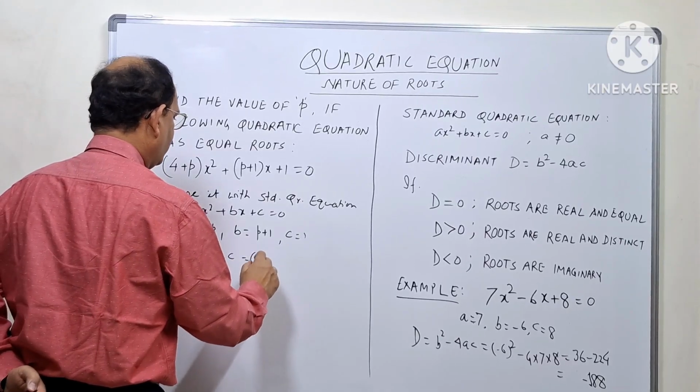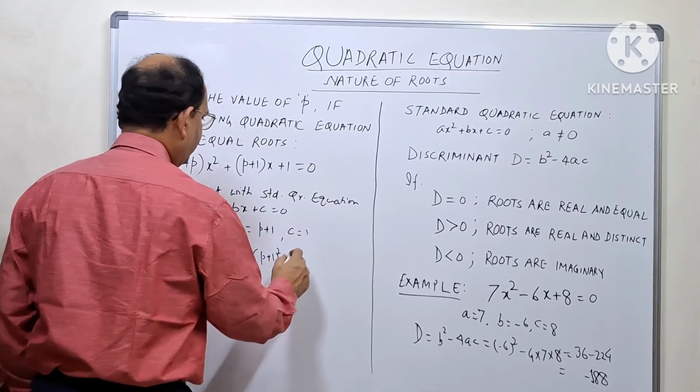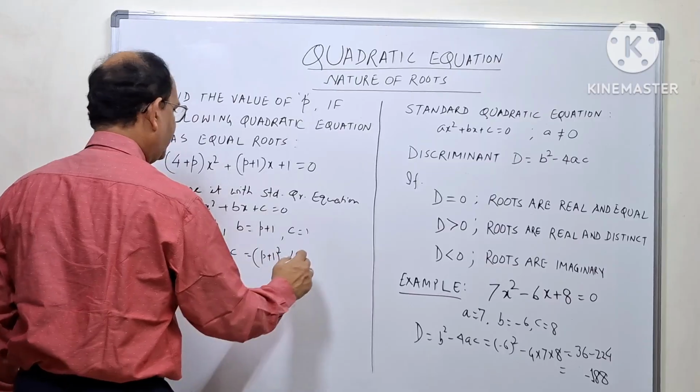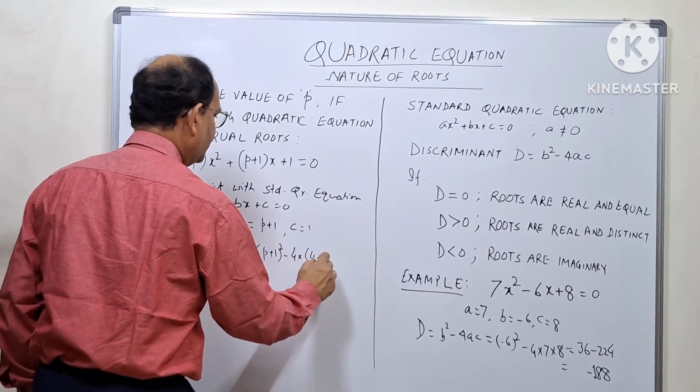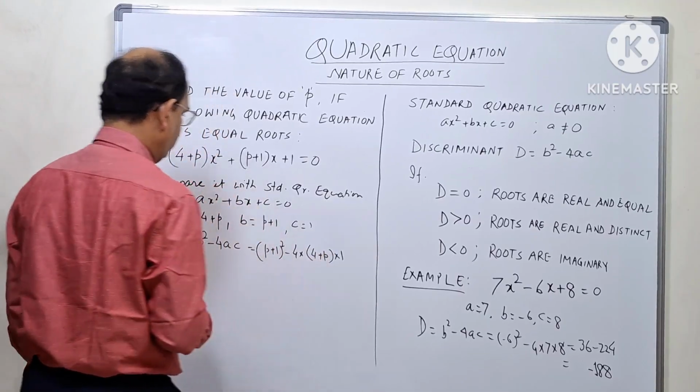That will be equal to p plus 1 the whole square minus 4 times a, which is 4 plus p, into c, which is 1.